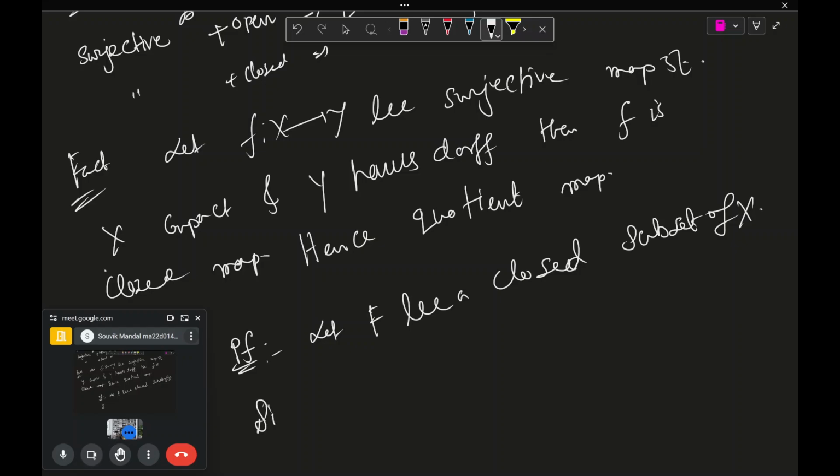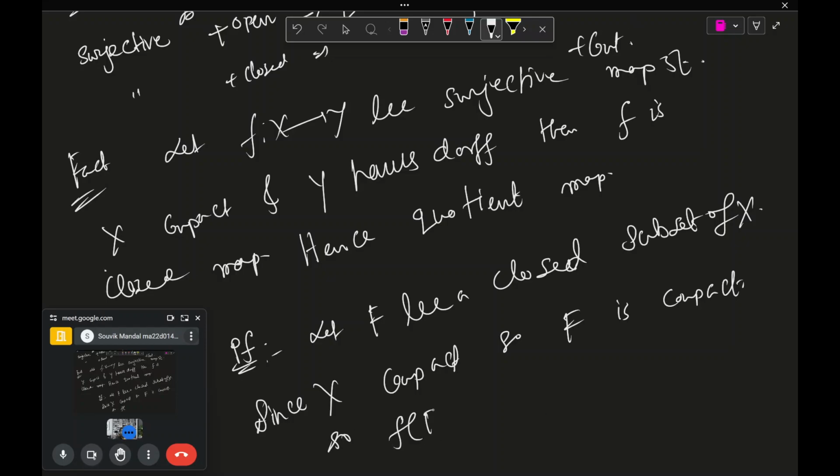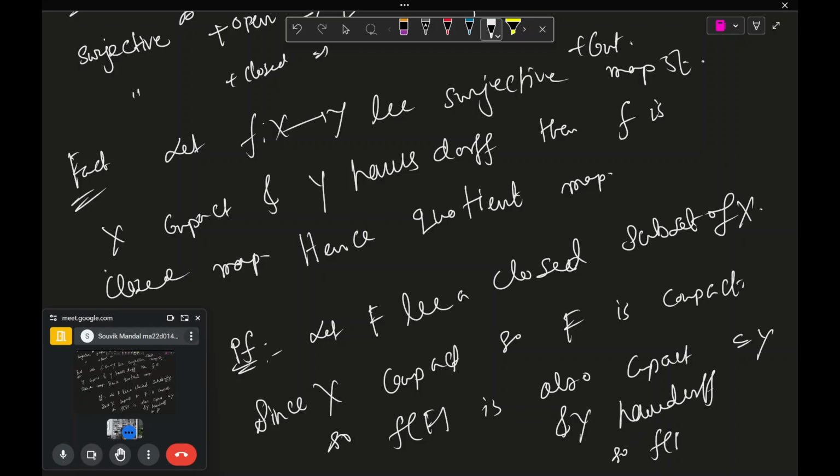Now since X is compact, F is compact. Of course, f is surjective plus continuous, continuity is obviously there. So being f continuous, f of F is also a compact subset of Y, and Y is Hausdorff. So f of F is closed.